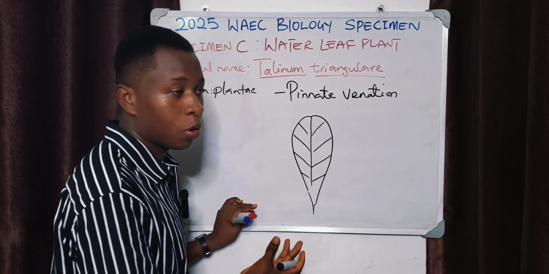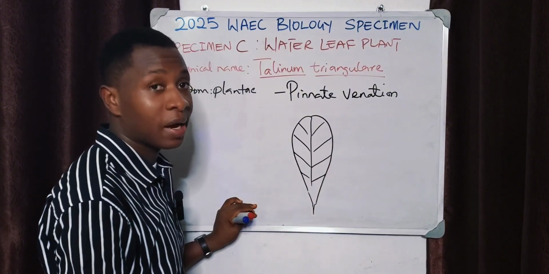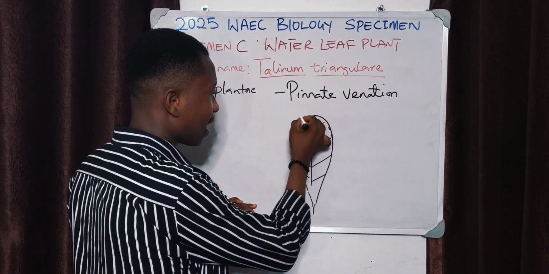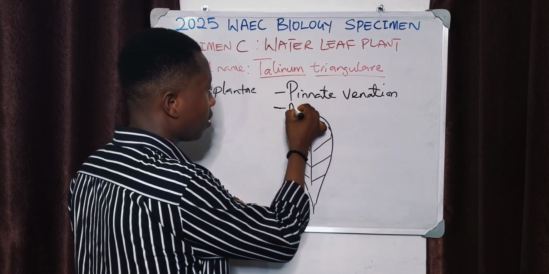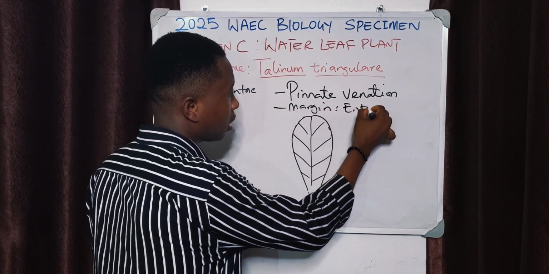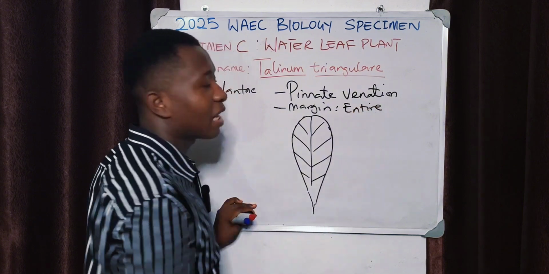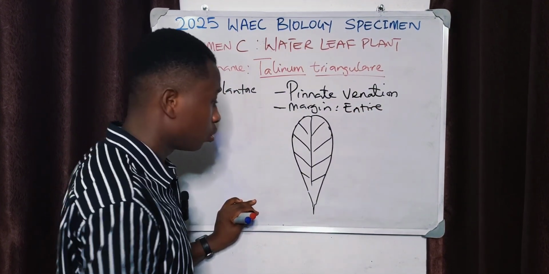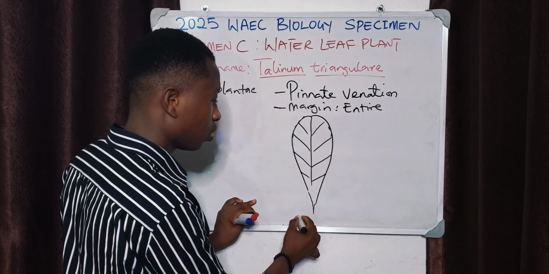Now, if you are asked to draw this diagram, the margin is the entire type of margin. Okay, now if you're asked to draw, the first thing you need to do is to write your title.